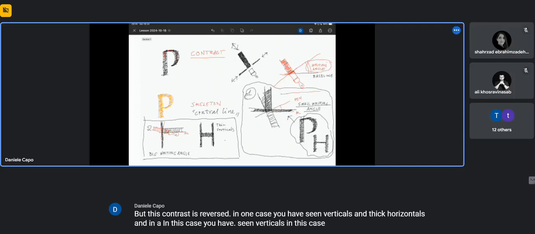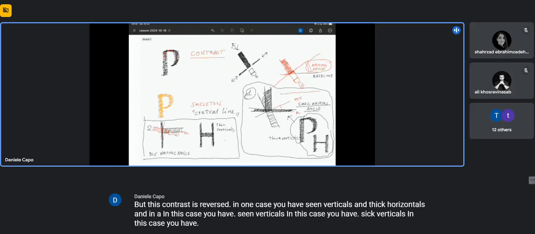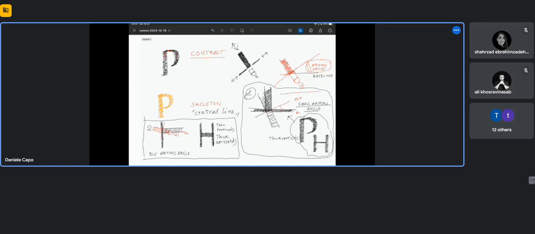In this case, you have thick verticals. In this case, you have thick horizontals. In this case, you have thin horizontals, okay?